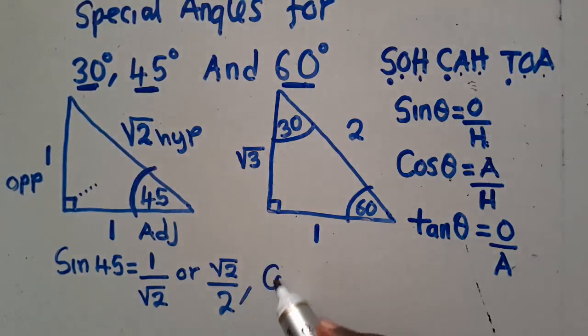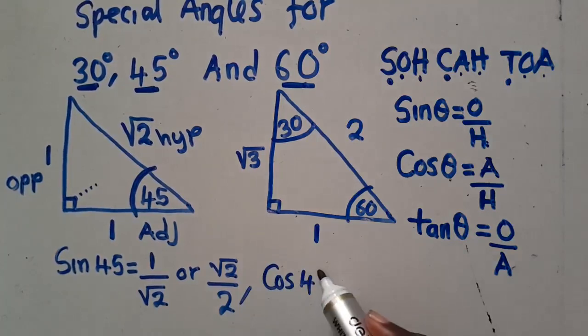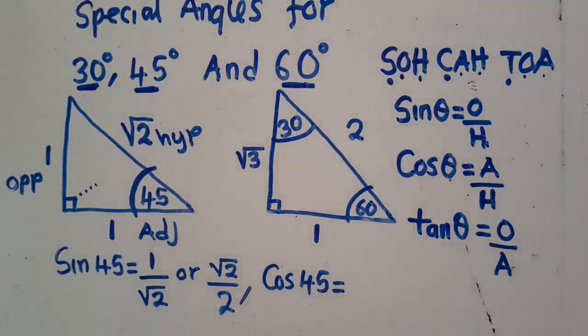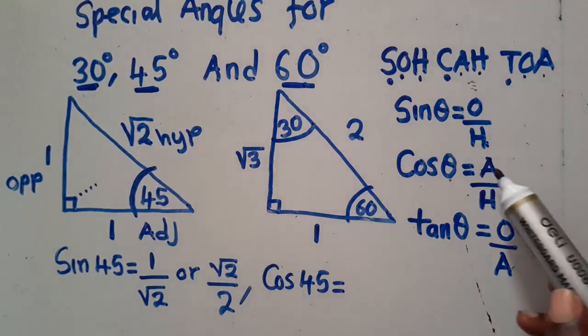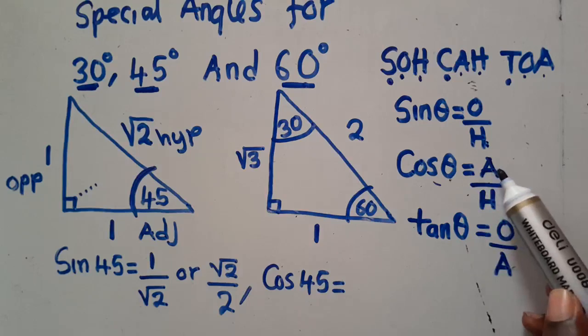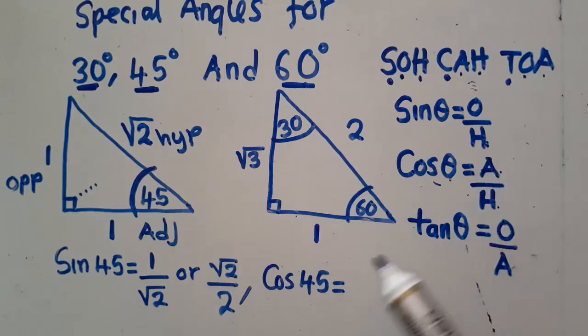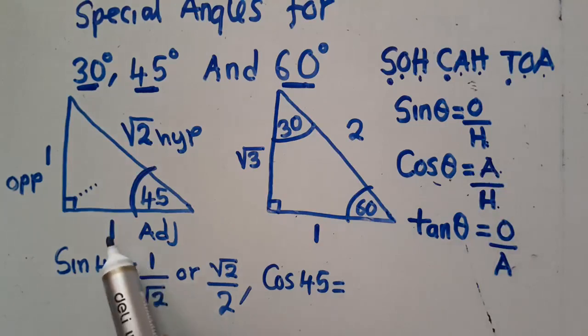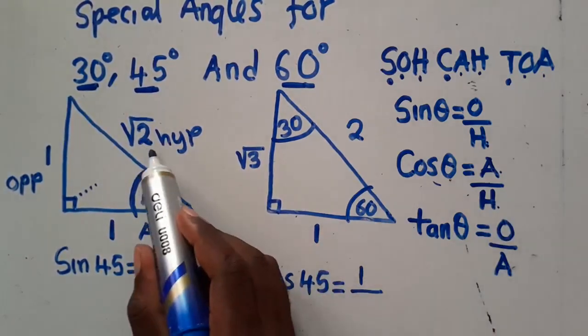Let us move to cos 45. How can you find cos 45? Cos is adjacent over hypotenuse. What is my adjacent? Adjacent is 1, over hypotenuse, which is root 2.